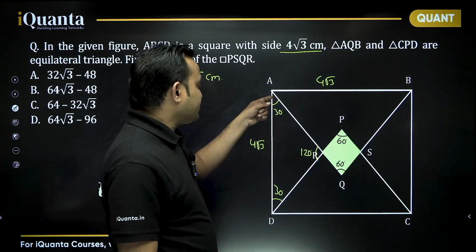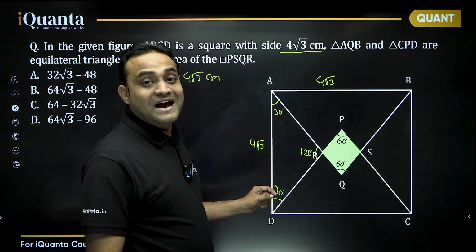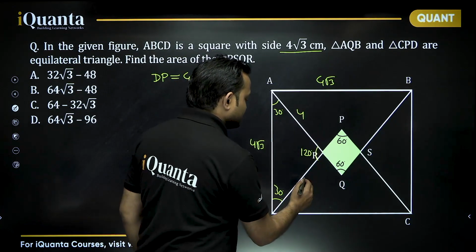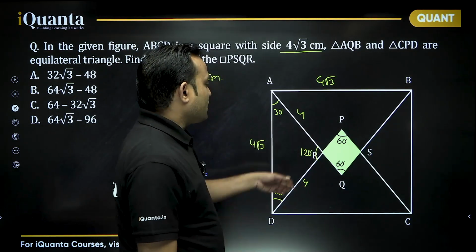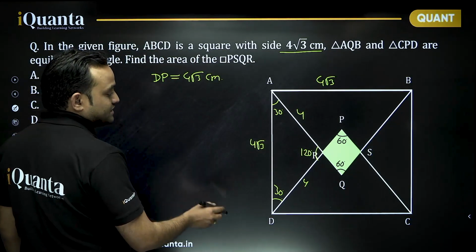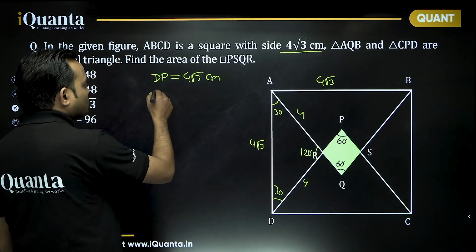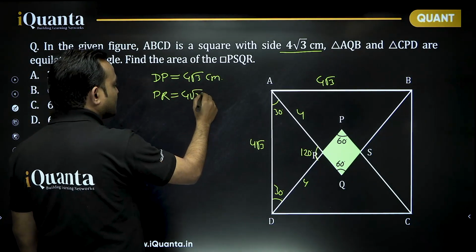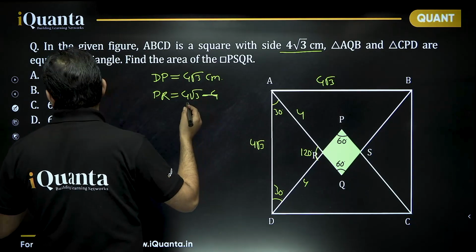So 120, 30, 30 triangles. The side ratio is 1 is to root 3. So this side length will be 4. Now already we know that PD is equal to 4 root 3. Can we say RD is equal to 4? So PR will be equal to 4 root 3 minus 4, right?